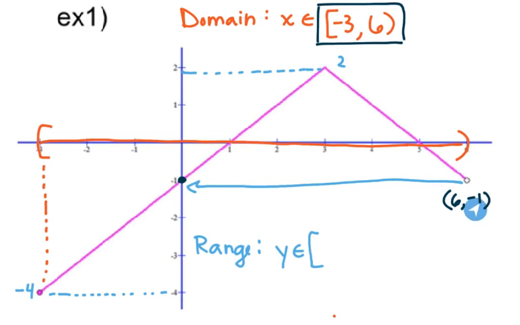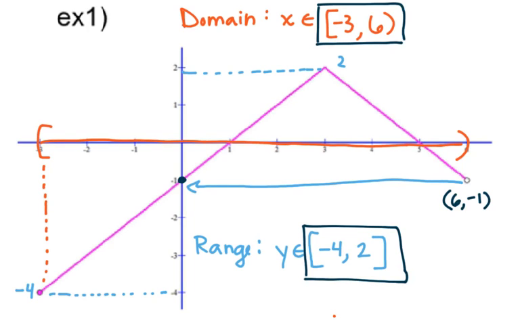So we do not need to leave that -1 value out. And I would answer this, I would say -4 to +2. And since both of these are defined with a closed dot or something that is not specifically noted as open, we have square brackets for both of those. So there you can see we have stated the domain and the range for this graph.